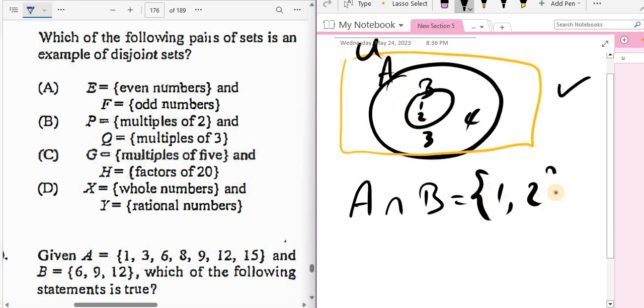A intersect B will be the members of the subset B, because those are the members that they have in common. The intersection symbol means members that they have in common.